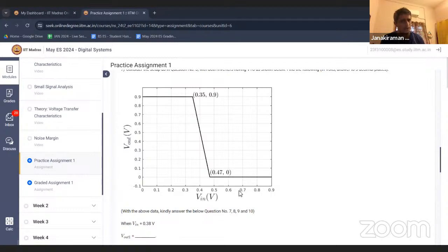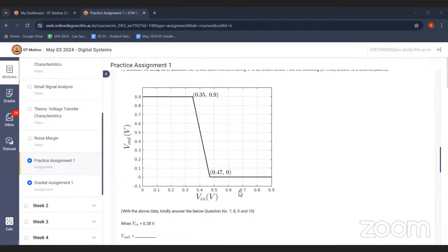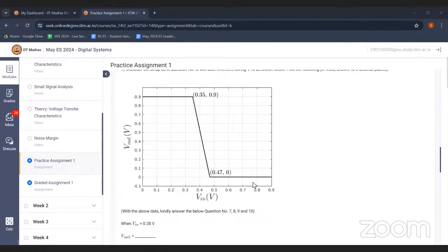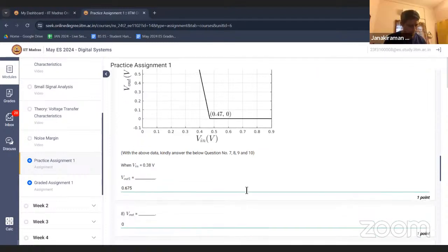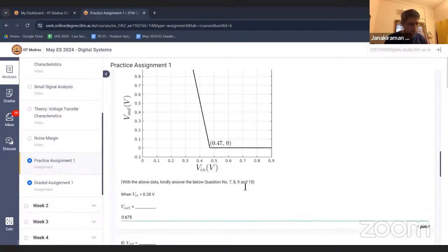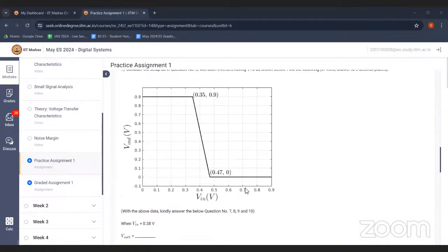How many NAND gates are there in one IC? Four, exactly. So why do you need two chips for that? You have to do it with the same IC. Just consider one more NAND gate. That's all. Okay.